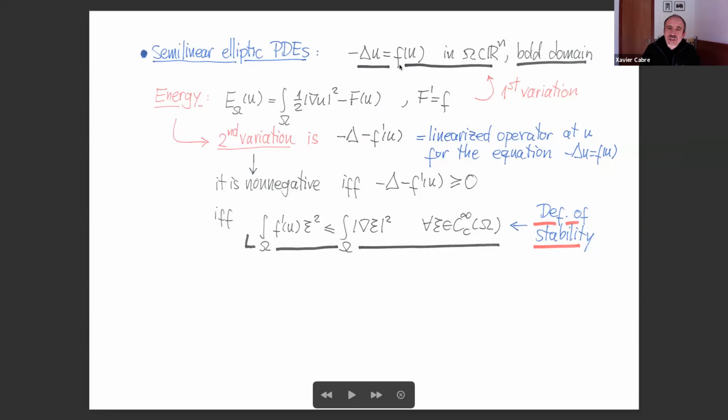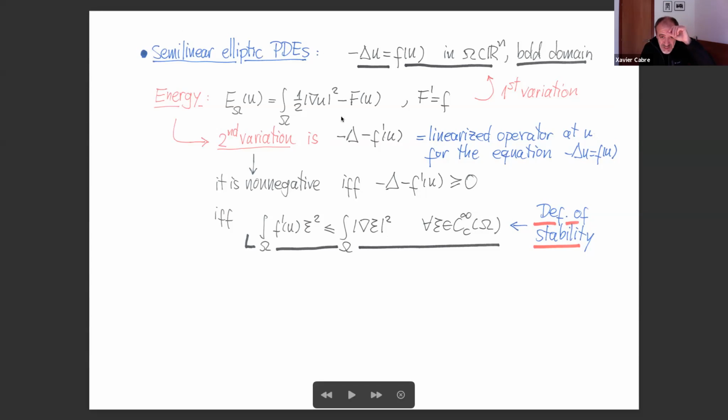So the first variation is our PDE, and then we can make the second variation. This is a quadratic form associated to an operator, which is the linearized operator of the equation at the solution u, and the operator is minus Laplacian minus f prime of u.